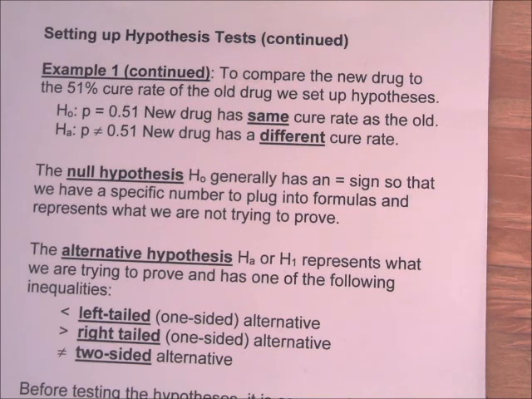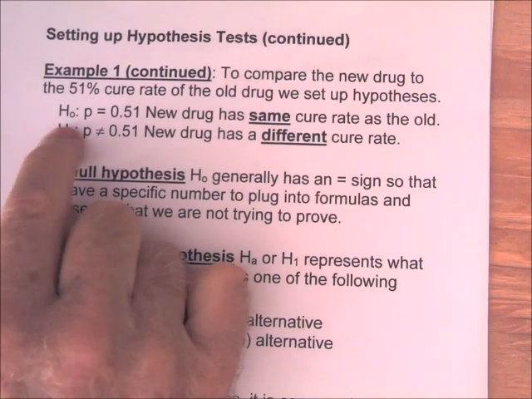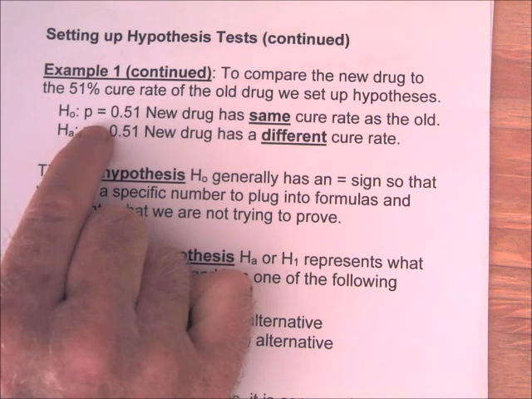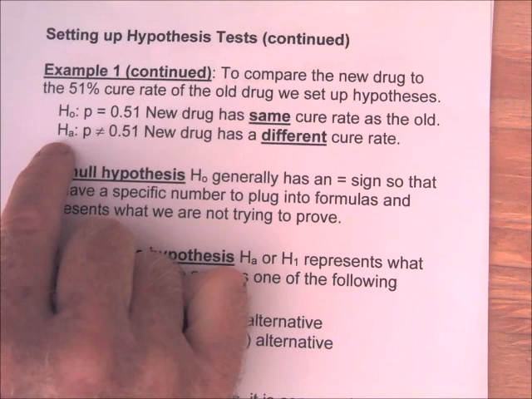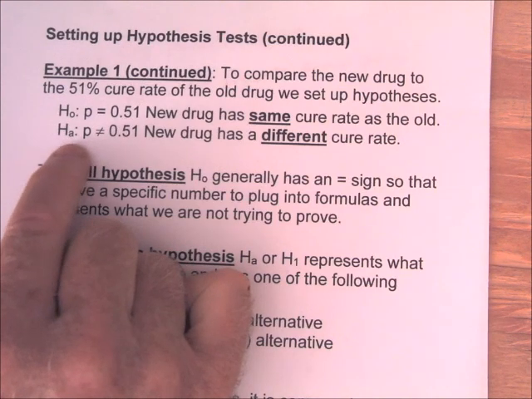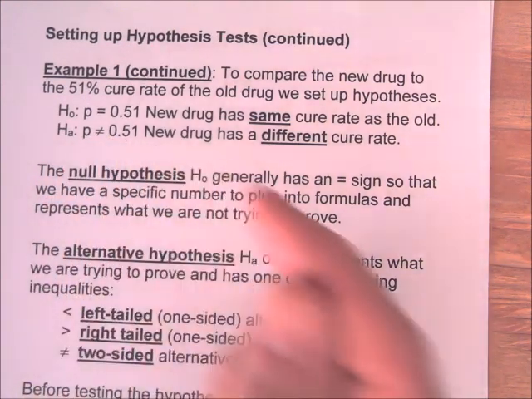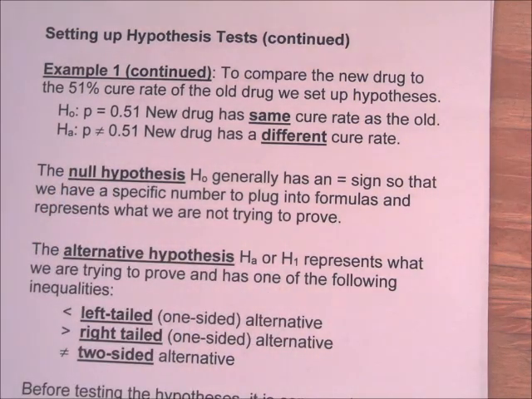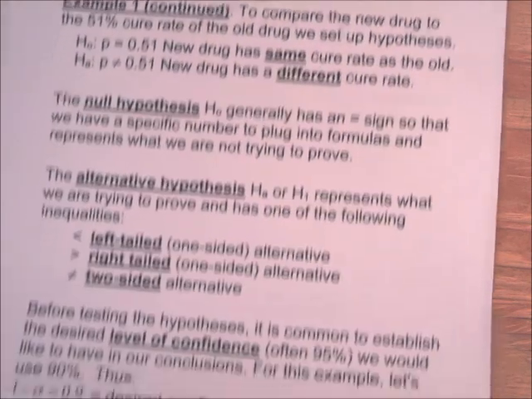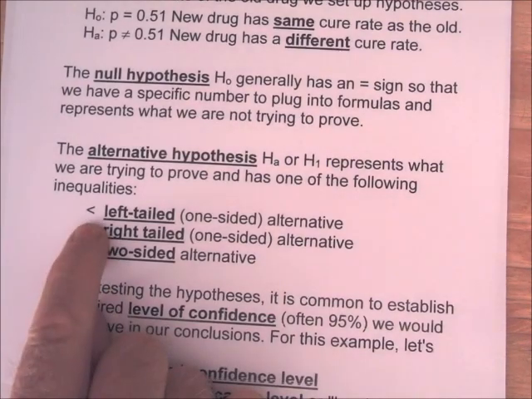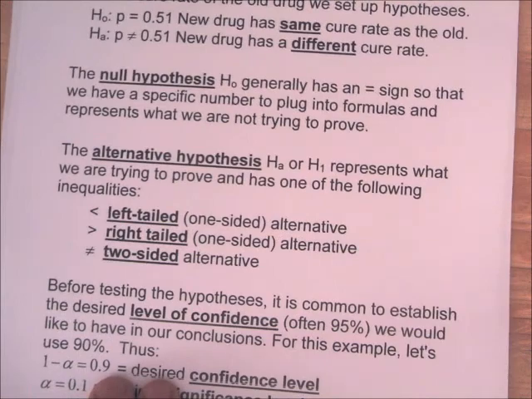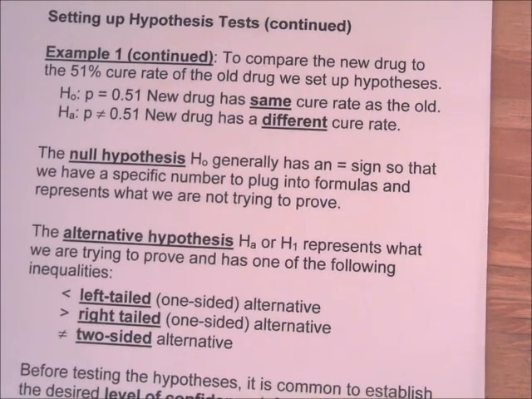So typically the null hypothesis H naught or H0 will have an equal sign in it, so that we have a number to plug into formulas, and typically the alternative hypothesis will have some other symbol in it. The symbols could be a less than symbol, a greater than symbol, or a not equal to symbol. It depends on how the question is worded.